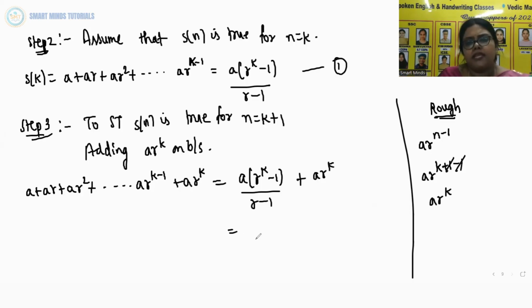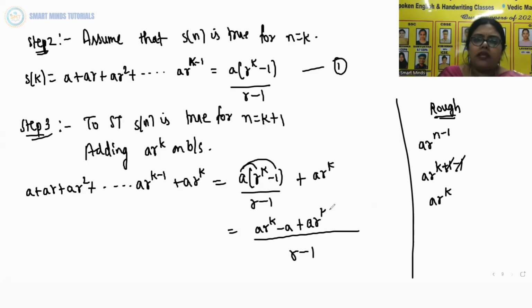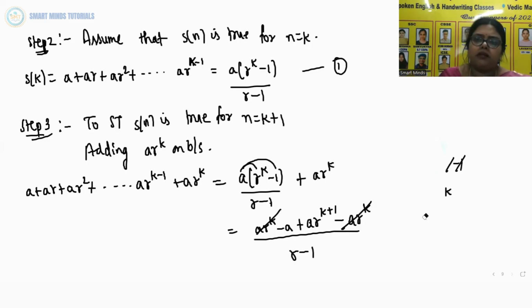Now you take LCM. LCM is r minus 1. So multiply this into this into this. ar power k minus a, plus you multiply r with ar power k. So you get ar power k plus 1 minus 1 into ar power k is ar power k. So ar power k gets cancelled. I am erasing this rough part.